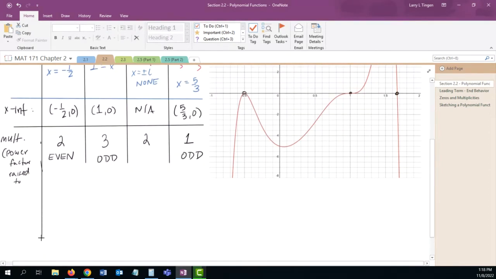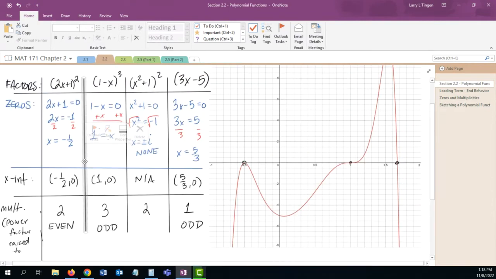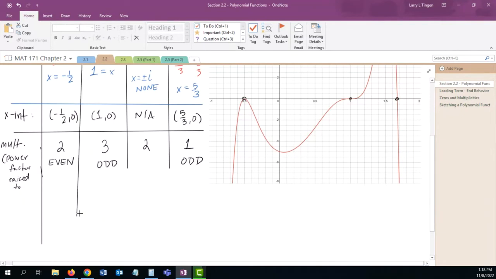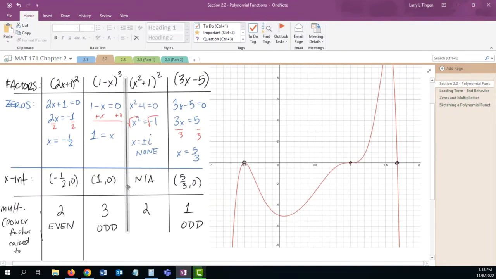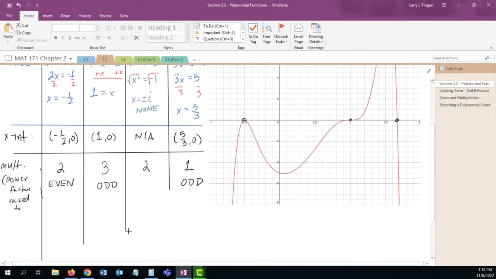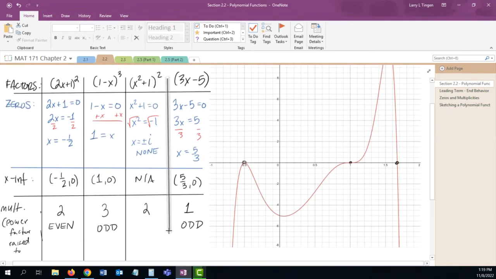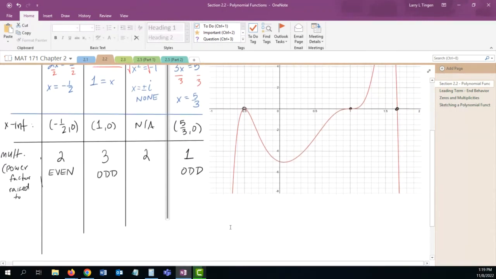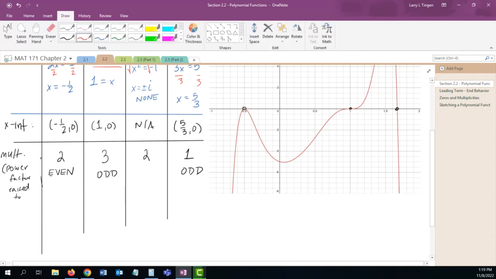Whenever I have a power that is even, my behavior is going to be to touch.